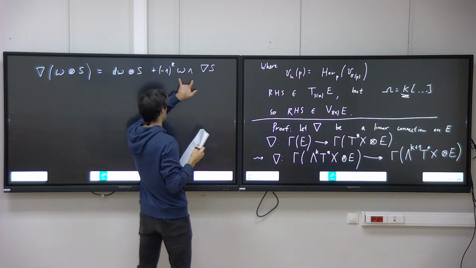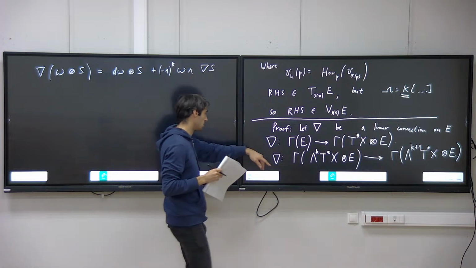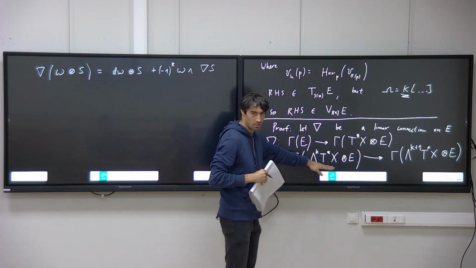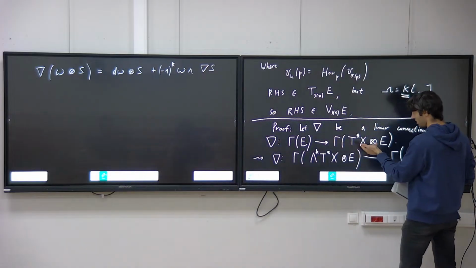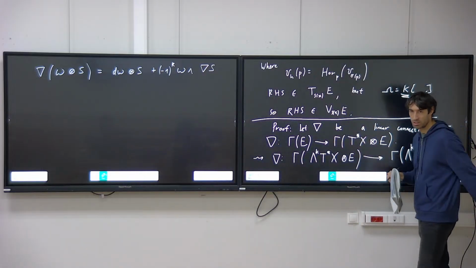So wedge means that I wedge it with this part of nabla s. Nabla s is evaluated at one form, right?